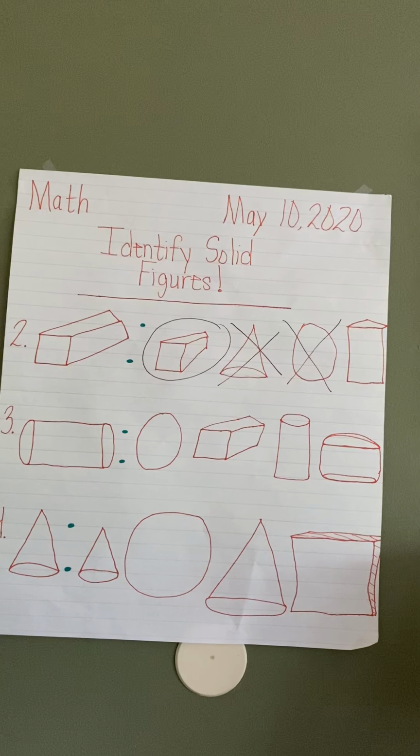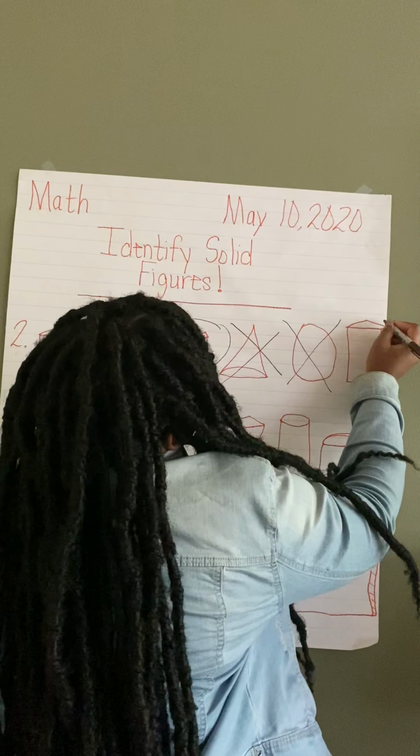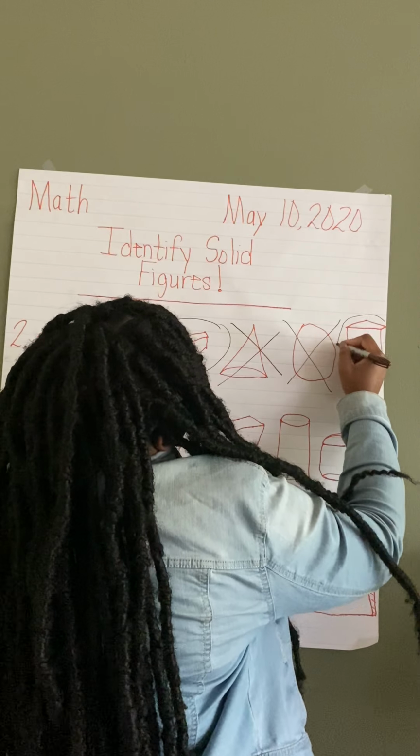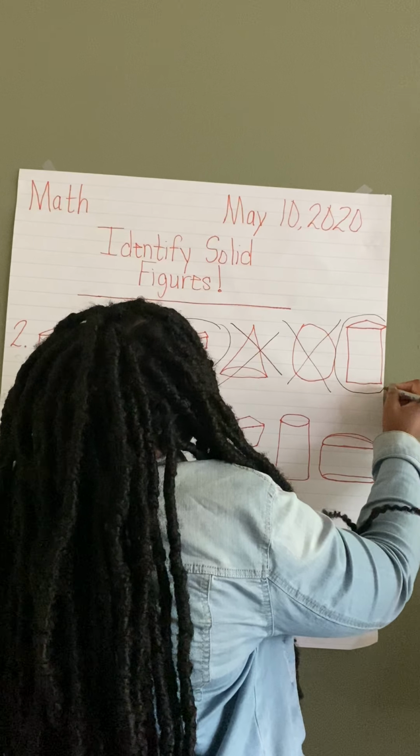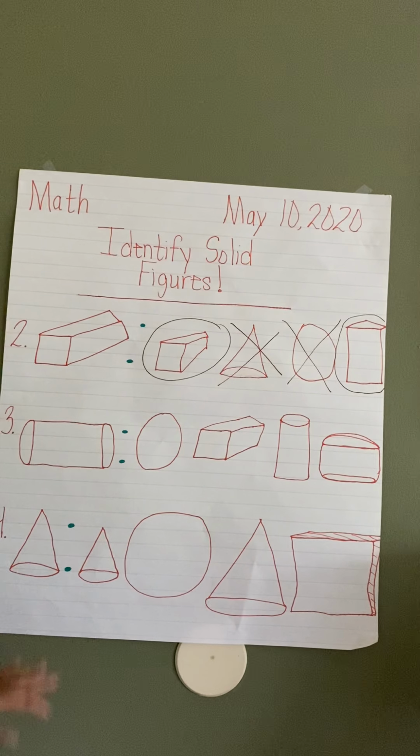So if it looks like it, then what are we doing? We're circling it. So go ahead and circle the box of orange juice.